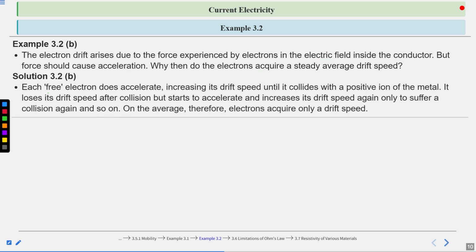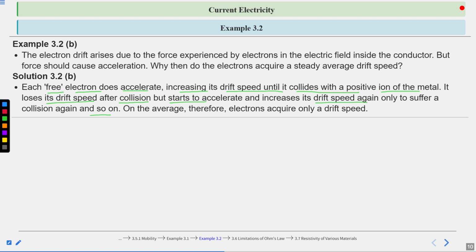Each free electron does accelerate, increasing its drift speed until it collides with a positive ion of the metal. It loses its drift velocity after collision but starts to accelerate and increases its drift speed again, only to suffer a collision again, and so on.